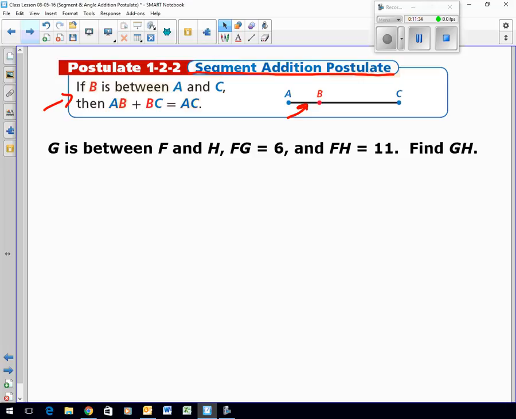If point B is between point A and point C, then line segment AB plus line segment BC equals line segment AC. Okay, I know they don't have a line. Now they do. Okay. So what the heck does that mean?